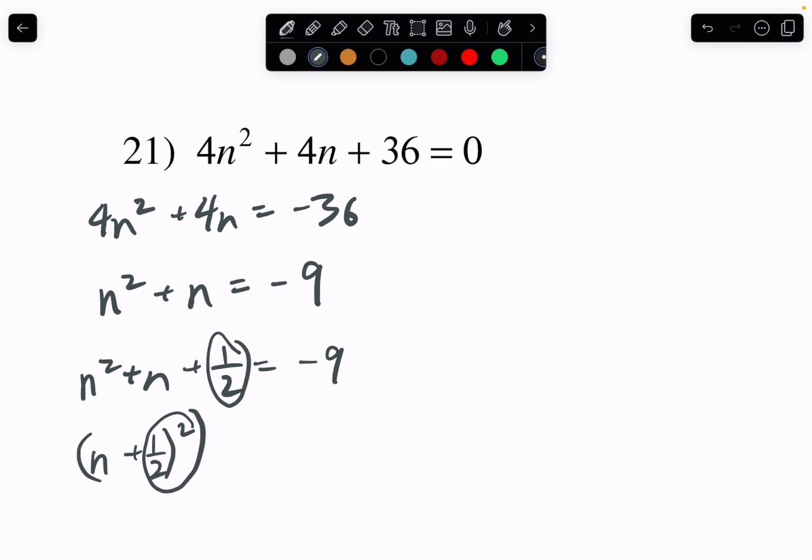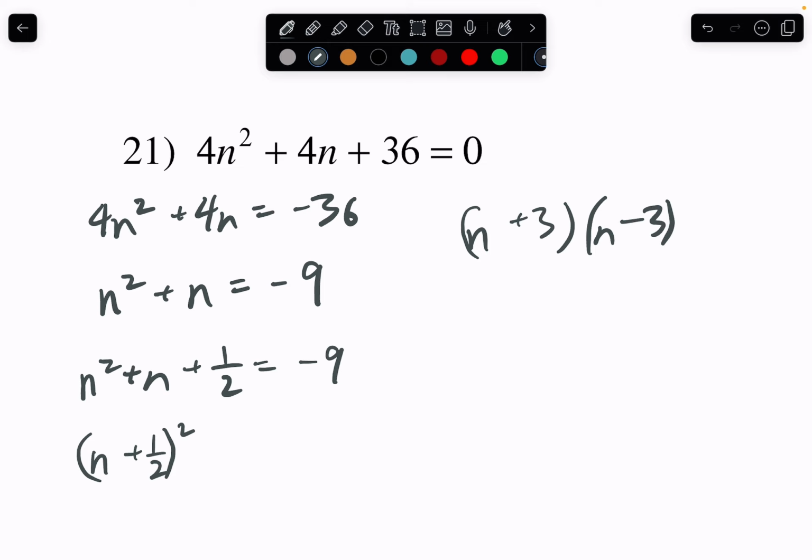This is 1 raised to 2. Let's see if we could factor this. I'm just very curious. We actually can. Wait, we can't. Yeah, we can't.